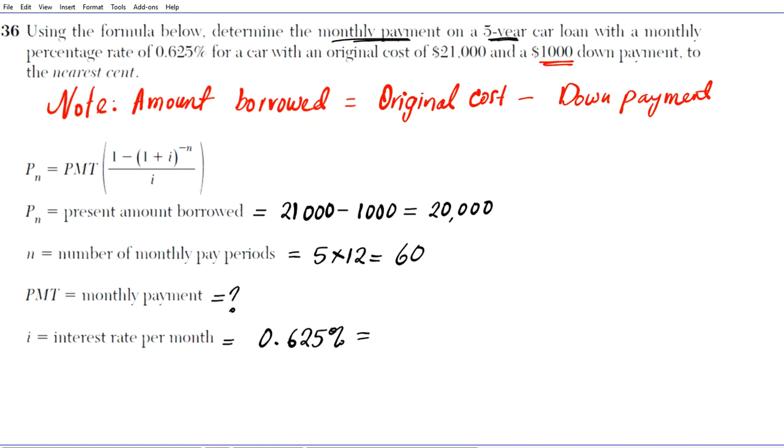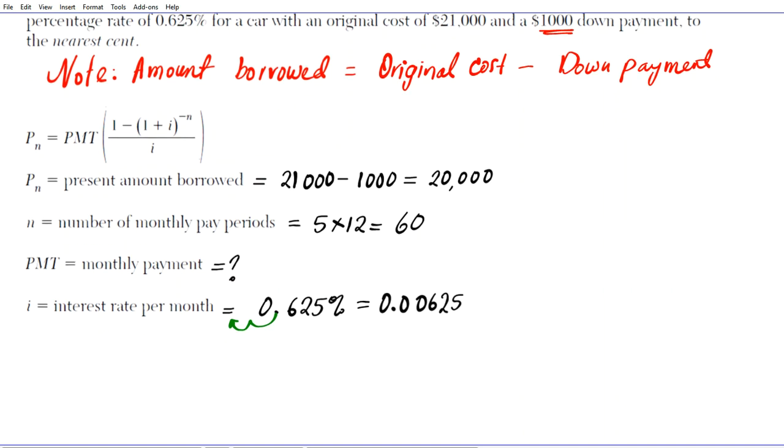This is accomplished by moving the decimal point 2 places to the left, 1, 2, and then you put a 0 here, of course. So 0.625% is equivalent to 0.00625 in decimal form.